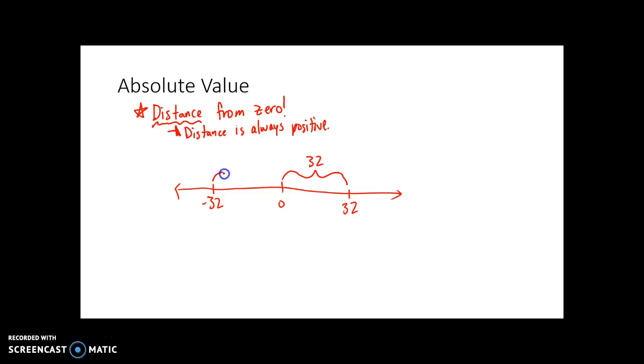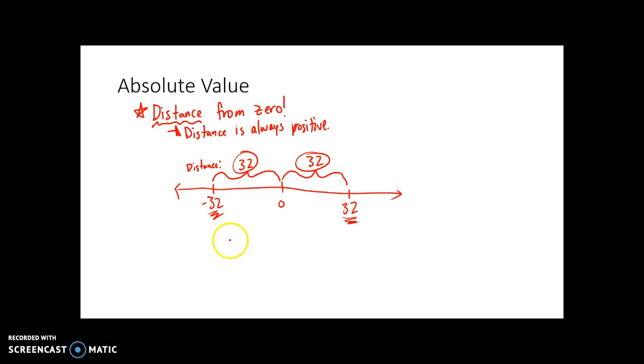But again, because distance has to be positive, if I'm simply talking about the distance between 0 and negative 32 or negative 32 and 0, the distance is actually 32. So as you can see by looking at this idea with absolute value, this is where we get to the point that the absolute value of any number, whether it's positive like this 32 or negative like this, we're always going to end up with a positive answer.